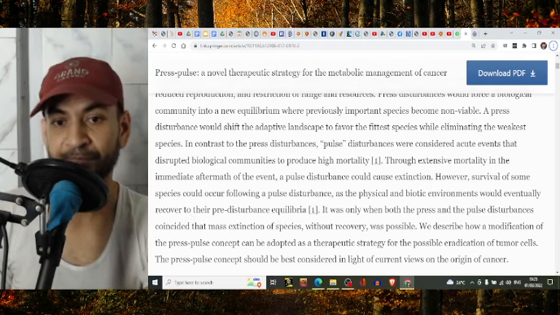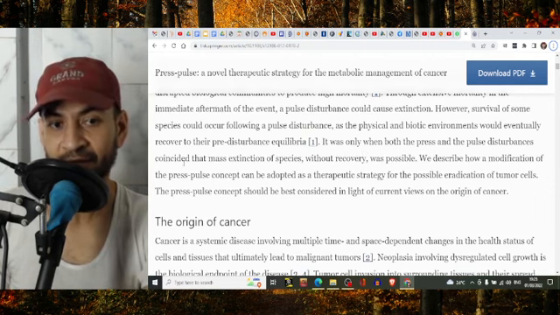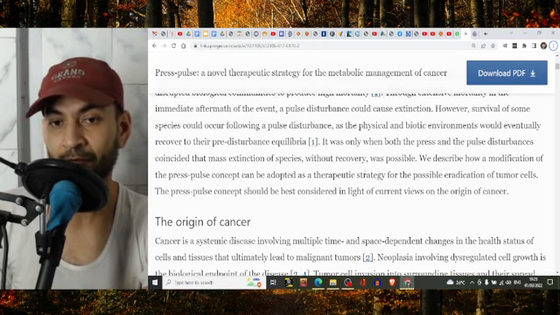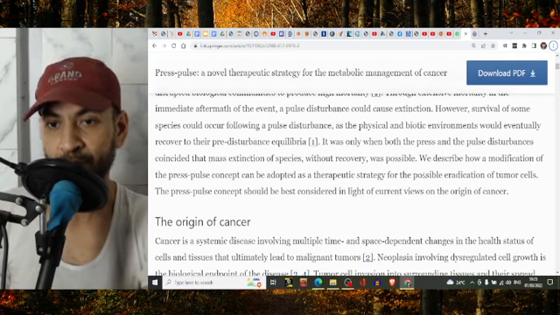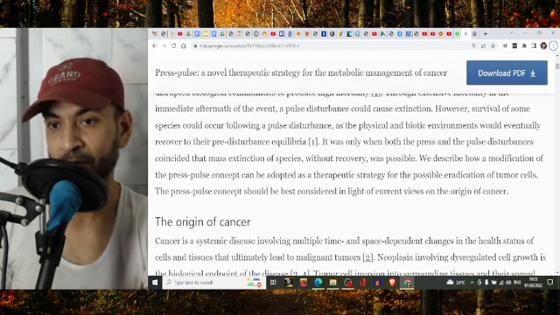Reference 1. It was only when both the press and the pulse disturbances coincided that mass extinction of species without recovery was possible.